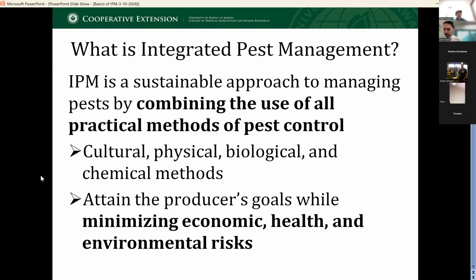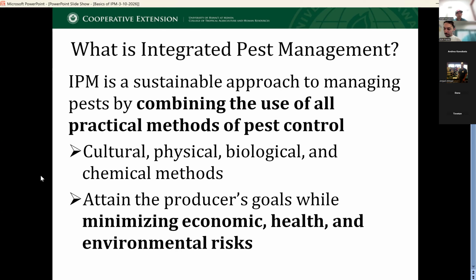This way, we are not letting any pest build, for example, resistance to chemicals, because we are using multiple ways of control and prevention. The practices can be cultural, physical, biological, and chemical methods. Now, somebody might say, okay, IPM, so I'm not going to use chemicals. You can still use chemicals, but what kind of chemicals and how much of it, in connection with the other methods, is what's going to control it.